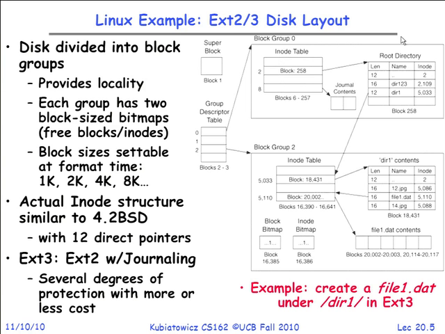But if you notice, so for instance, if we want to make a new file /dir1/file1.dat, notice that we go to inode 2, and we look in the inode structure, and there's a direct pointer to the root directory, which is block 258. See that? And in here, you search down, you find directory 1. And that points you at inode 5033, which it turns out is in another block group in this instance.